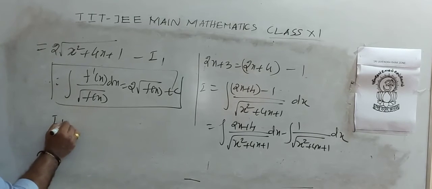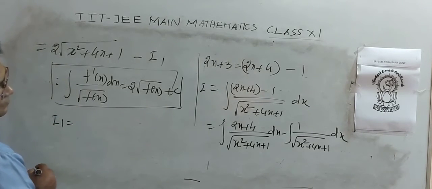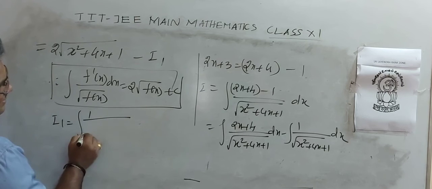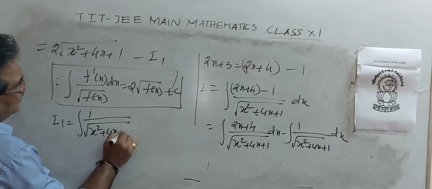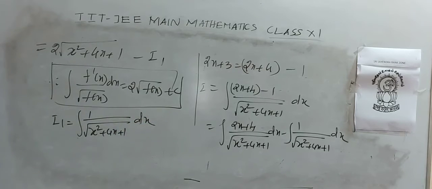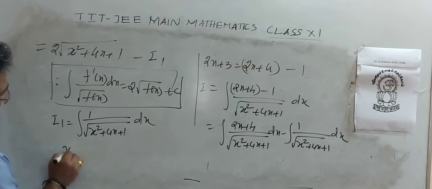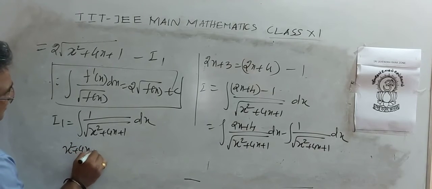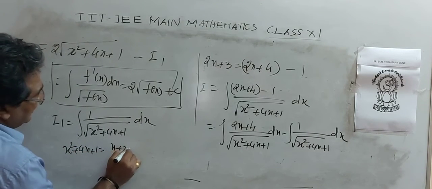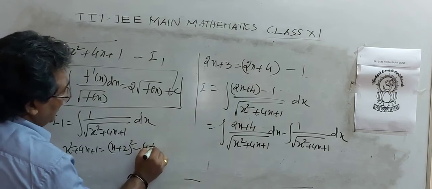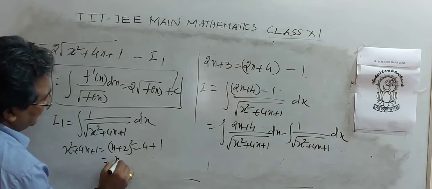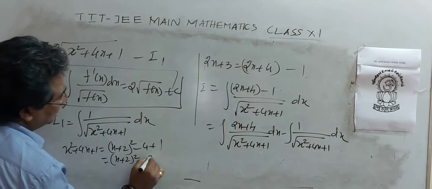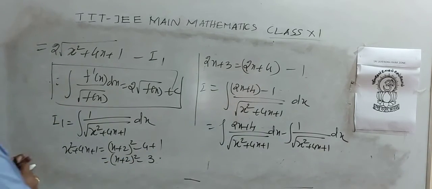You take I1, 1 by root of x square plus 4x plus 1 into dx. X square plus 4x plus 1 equal to x plus 2 whole square minus 4 plus 1, that is x plus 2 the whole square minus 3.